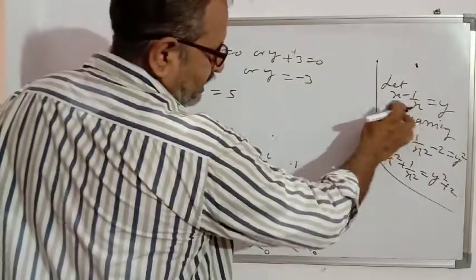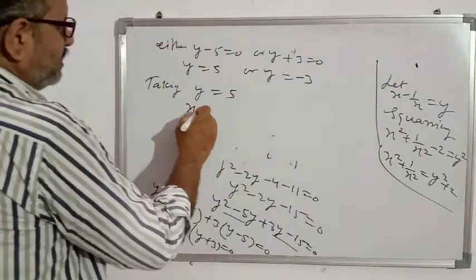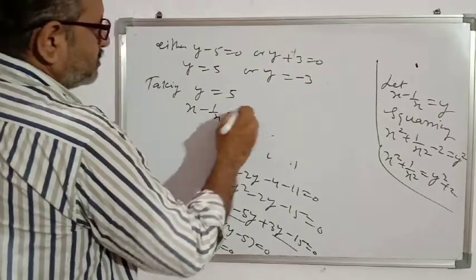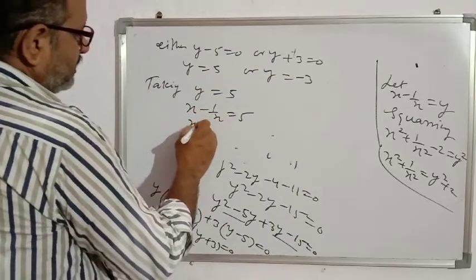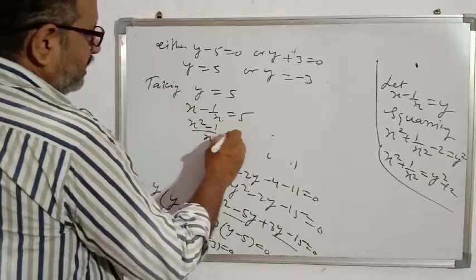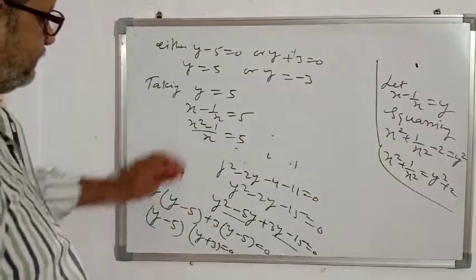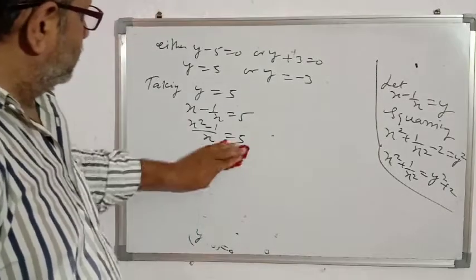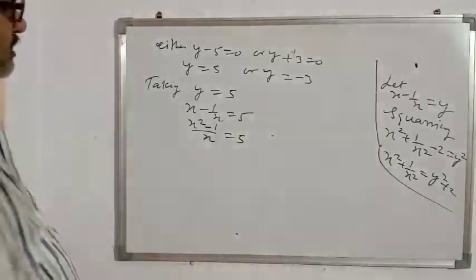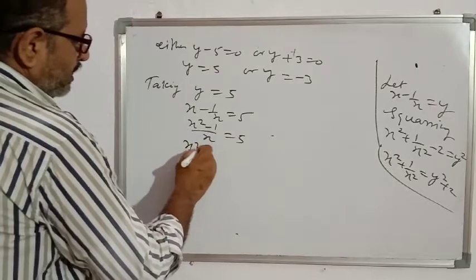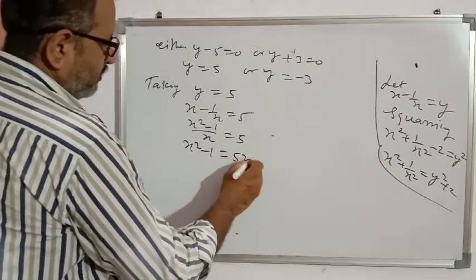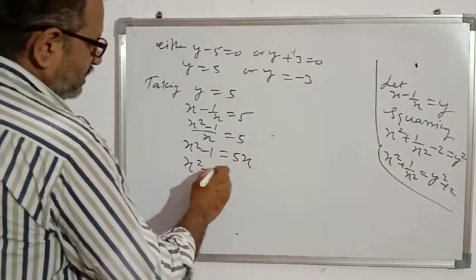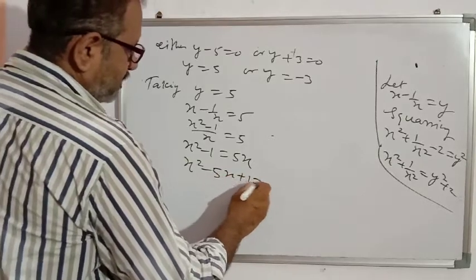What is y? y is x minus 1 by x. x minus 1 by x is equal to 5. Take LCM, (x square minus 1) by x is equal to 5. Now cross multiply. x square minus 1 is equal to 5x. Transpose 5x: x square minus 5x minus 1 is equal to 0.